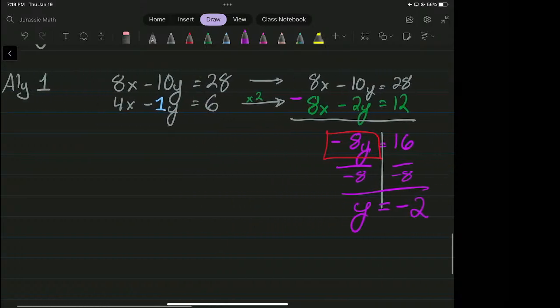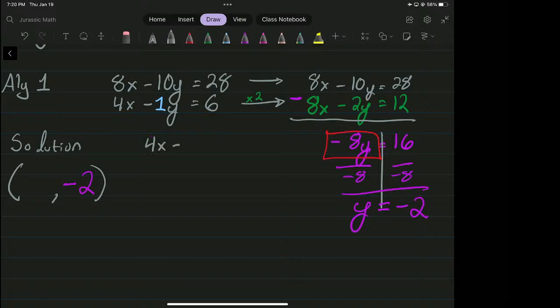Now, I'm going to write my answer over here, solution. And I'm going to put my negative 2 in the y spot. I'm going to take that negative 2 and place it into one of the two equations from the beginning. I'm going to place it in that bottom one because it just looks easier to manipulate.